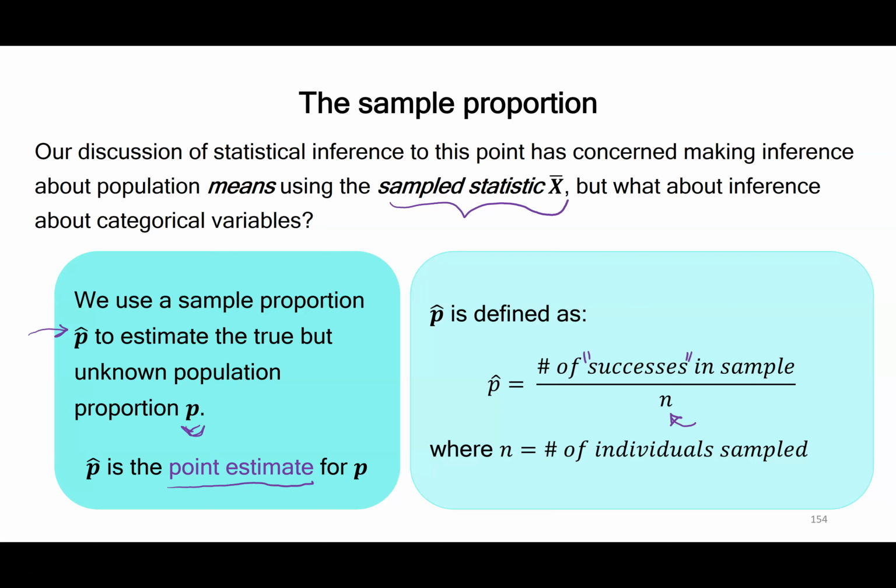It's not what people traditionally think of as successful. It's more like, hey, it's successful in the sense that the condition we're interested in is present, so we're going to count it. So success just means the number of times that thing of interest pops up out of the total number in the sample.